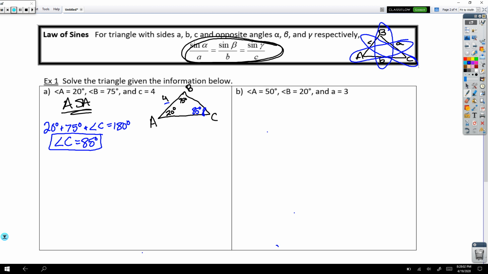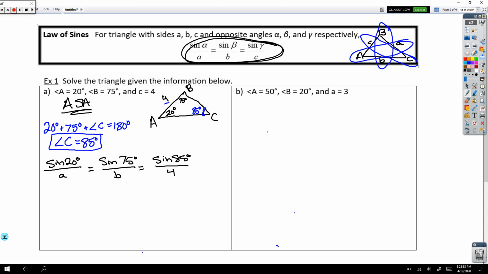Now, I'm going to write out the whole equation for this problem, just so you can see everything that's going on here. So, sine of A, so sine of 20 degrees, all over side A, which I don't know, equals sine of angle B, which is 75 degrees, over side B, which again I don't know, and then sine of C, which is 85 degrees, all over 4.